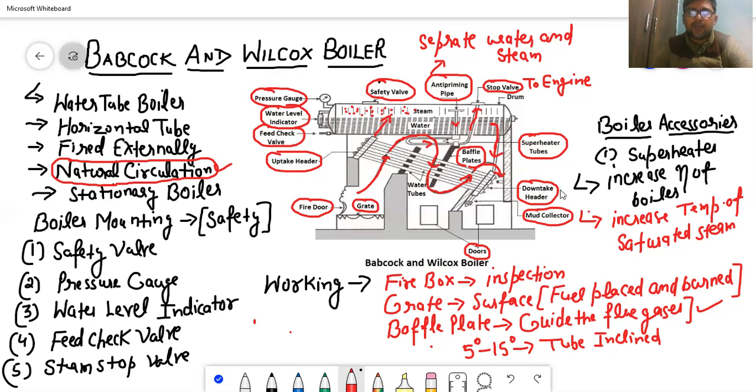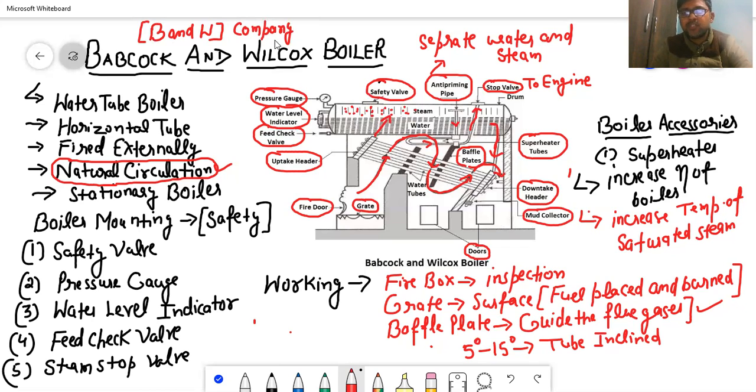So this is how a simple Babcock and Wilcox boiler basically works. And the name Babcock and Wilcox is based upon a company, that is B&W. Babcock and Wilcox were two friends who opened this company, B&W. And a boiler was invented in their names, which we call Babcock and Wilcox.